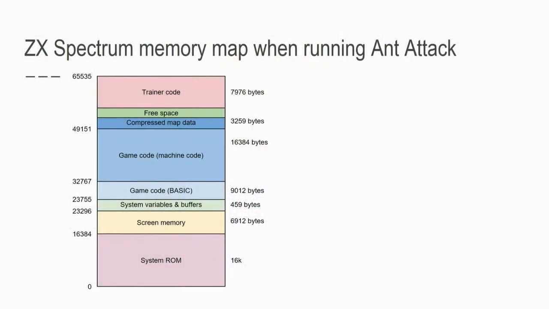Just simple runtime compression takes it from 16K down to just over 3,000 bytes. That's less than 20% of the original size. Gives us 13K of free space, and that's more than enough. We only need 8K. So we compress the map, we decompress the trainer, stick it up in the top section of memory that's now free, and then we jump to the code.